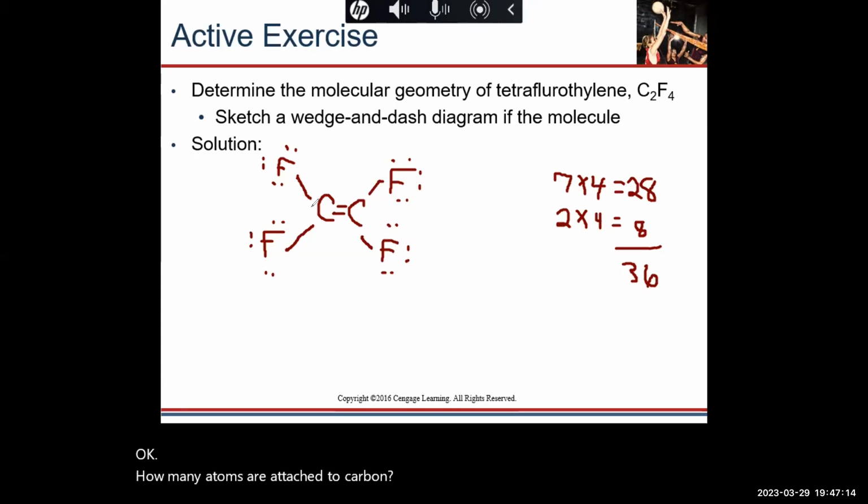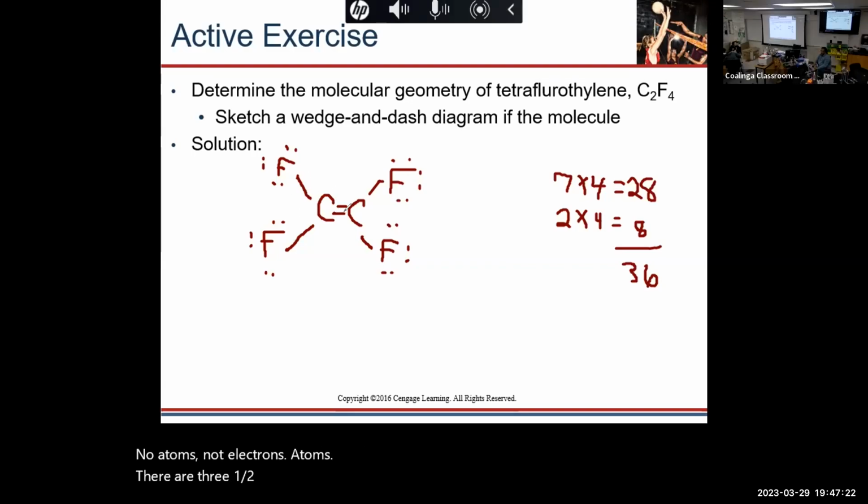Atoms, not electrons. Three. 1, 2, 3. Okay, since there are 3 attachments, what would be the molecular geometry? Yes, trigonal what? That's right, trigonal planar. So each of the carbons are going to be trigonal planar.